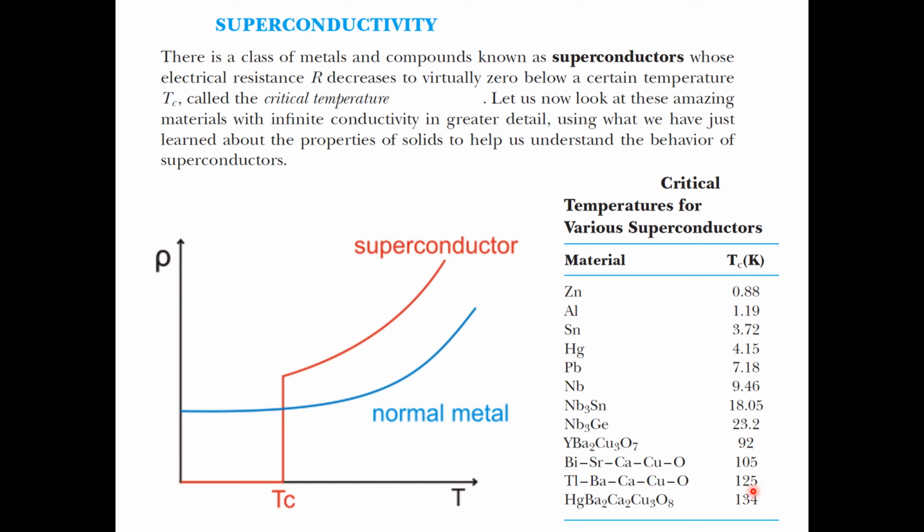But let's take a look at this. The approach is that researchers want to get a higher and higher critical temperature for the material so it will be more applicable to real life, right? I mean, we need room temperature to operate, okay?